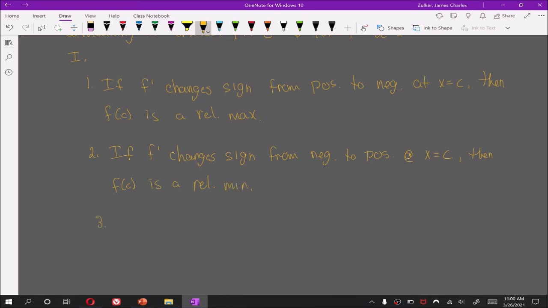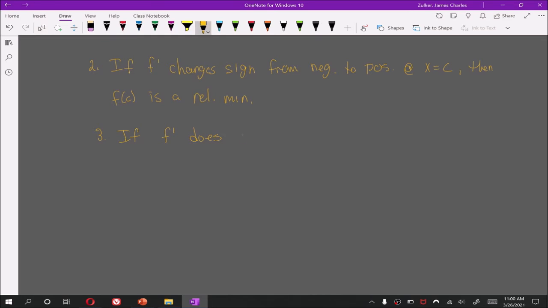Number three, if f prime does not change sign at x equals c, then f of c is neither a relative max nor a relative min.